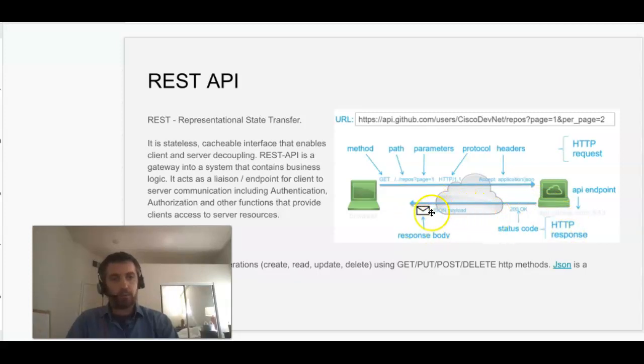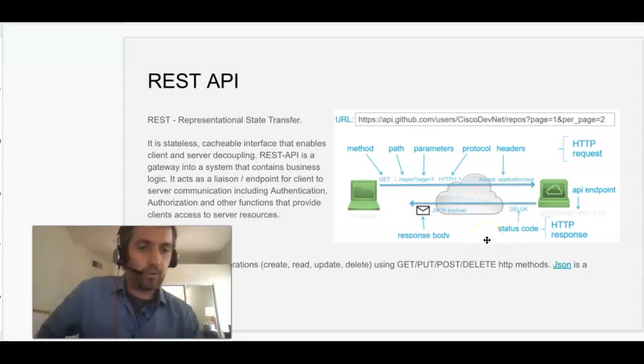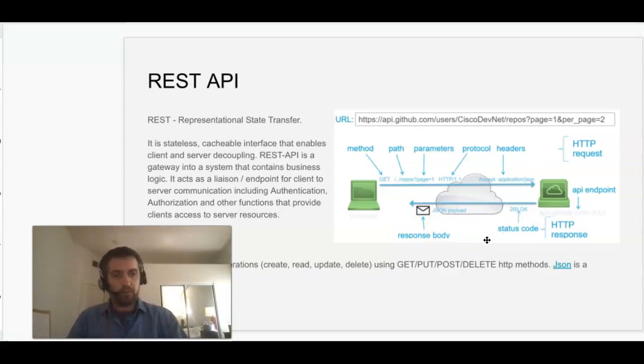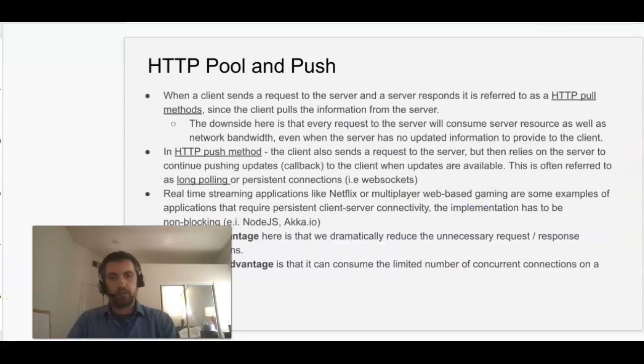There's a response body in JSON, and there's a standard status code. So it's an HTTP transaction, and again, a great example of what a REST API does.